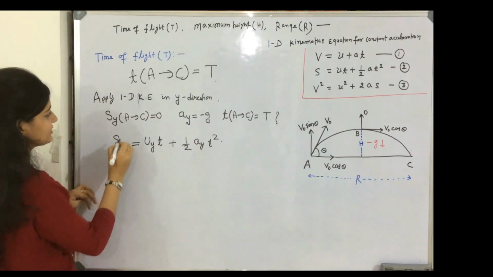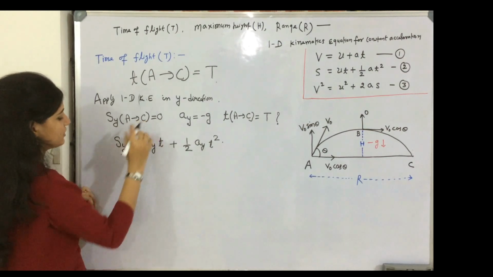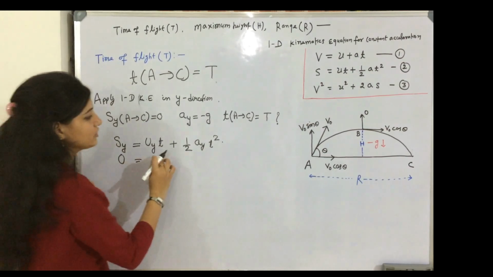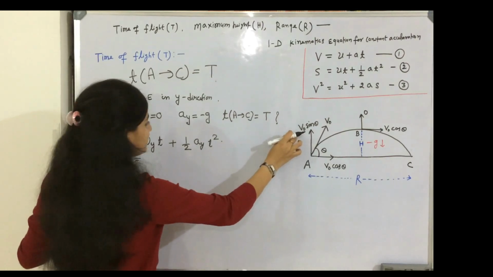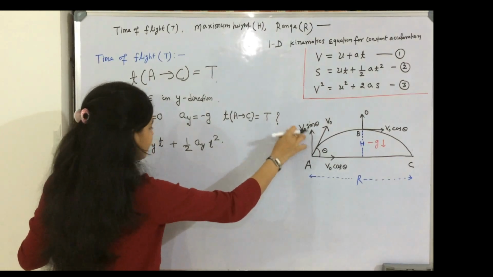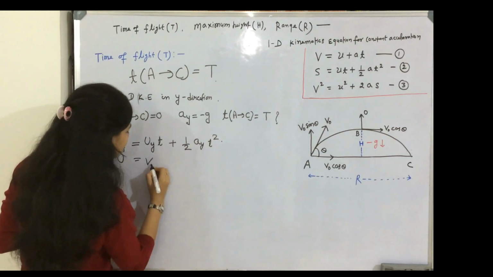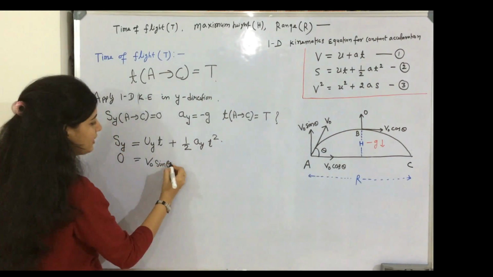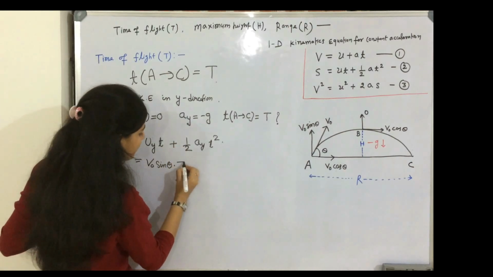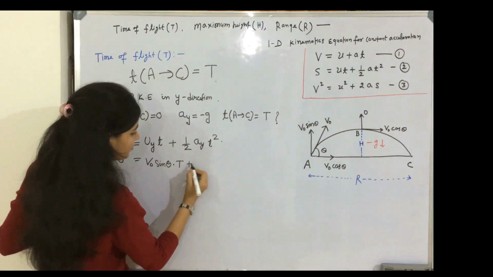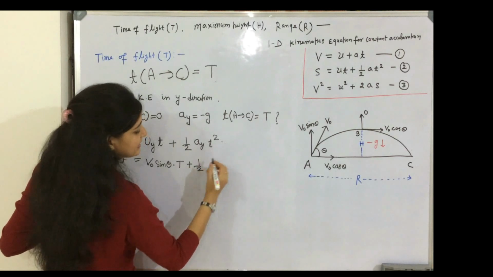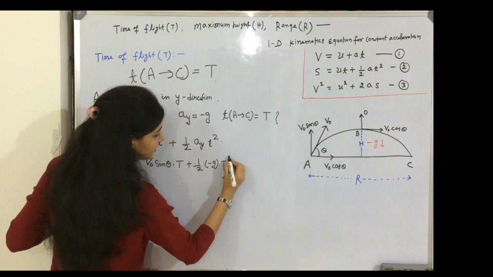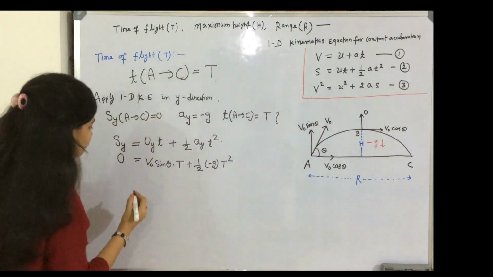Now Sy is equal to 0, and Uy is the initial velocity in the y direction, which is v0 sin theta, and T is the time of flight, capital T, plus half acceleration, which is minus g, times T square.